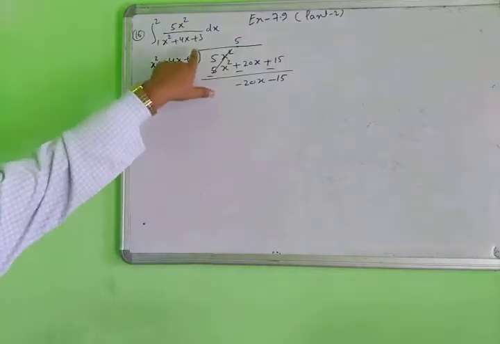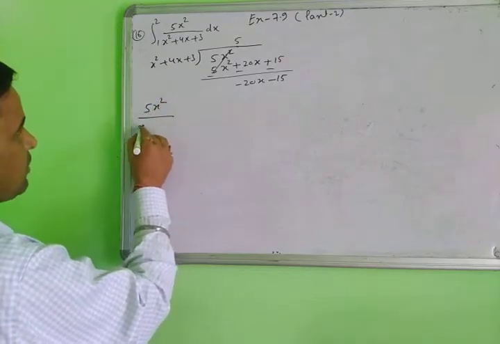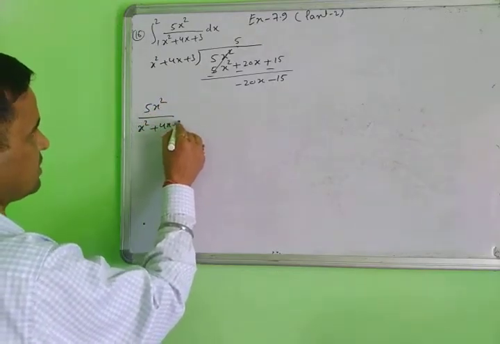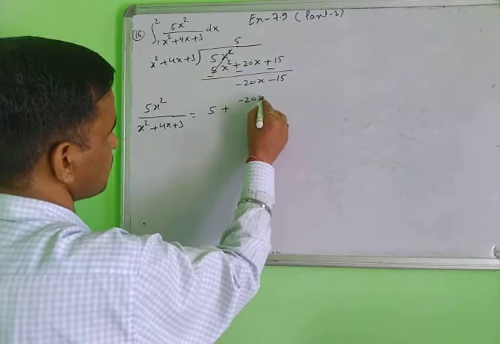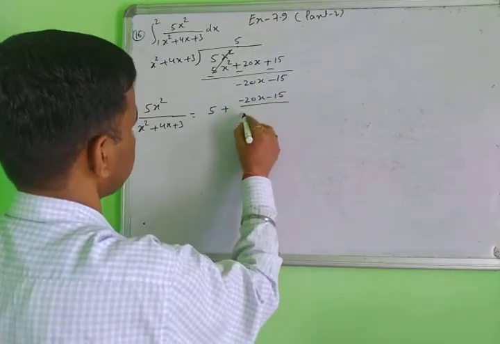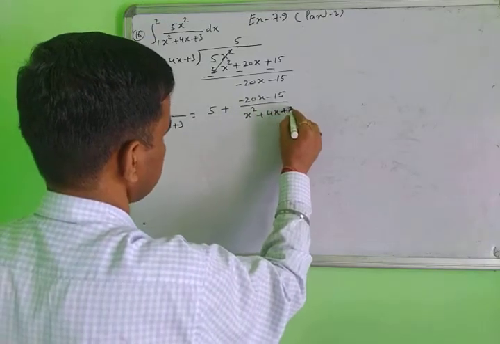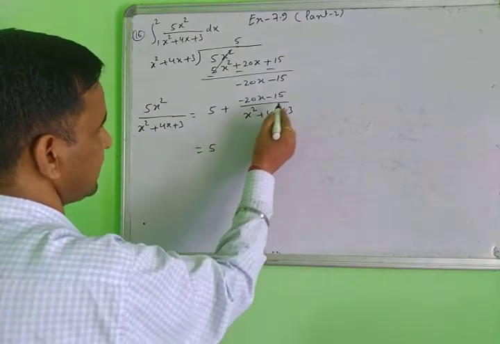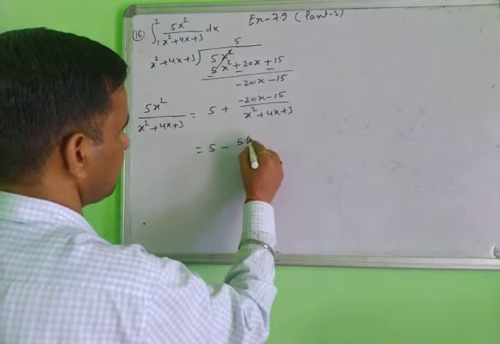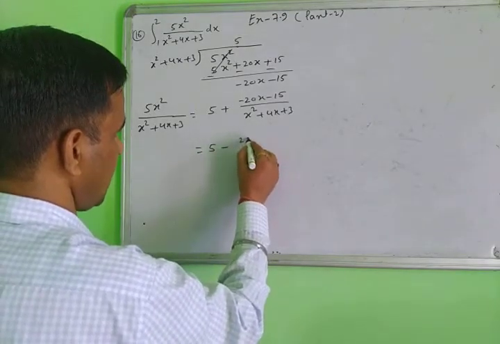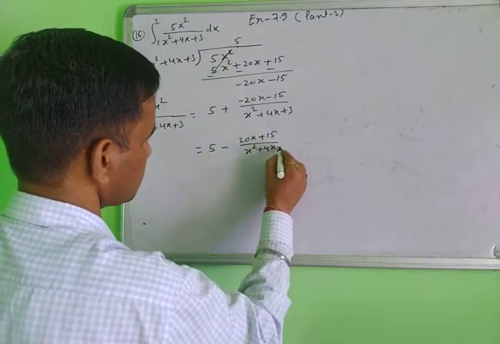You will write this question in this form: 5x² upon x² plus 4x plus 3 as 5 plus (minus 20x minus 15) upon x² plus 4x plus 3. After that you can write it taking minus 5 common: 5 minus 5 times (4x plus 3) upon x² plus 4x plus 3.